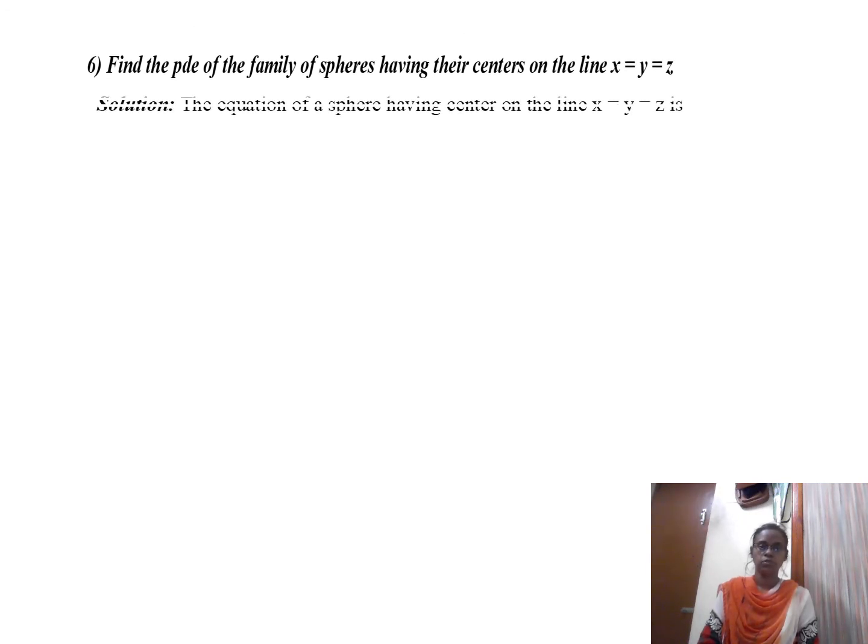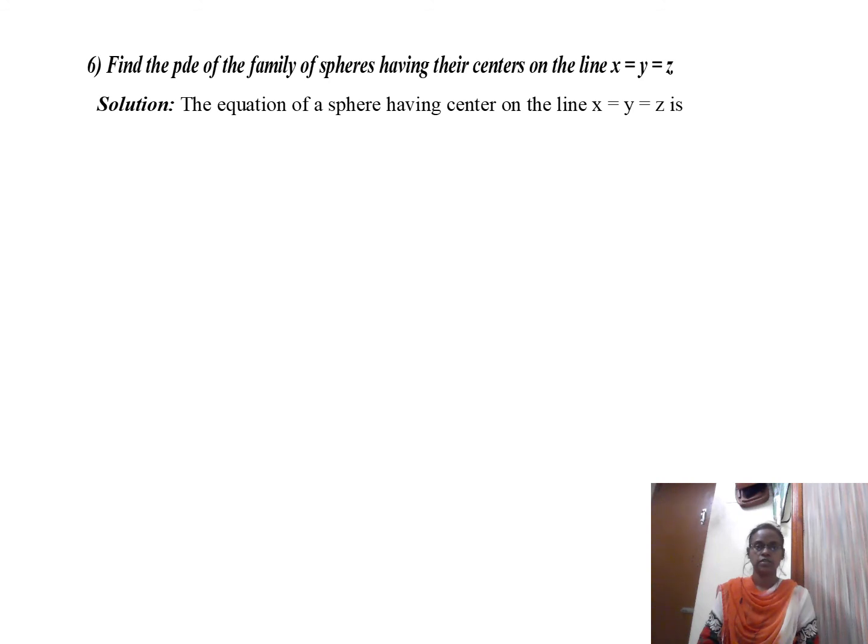Now let us see one more problem of a similar kind where the equation is not given explicitly but just a clue given. So look at this problem. Find the PDE of the family of spheres having their centers on the line x equal to y equal to z. Do you remember the equation of a sphere, especially when a center is given?